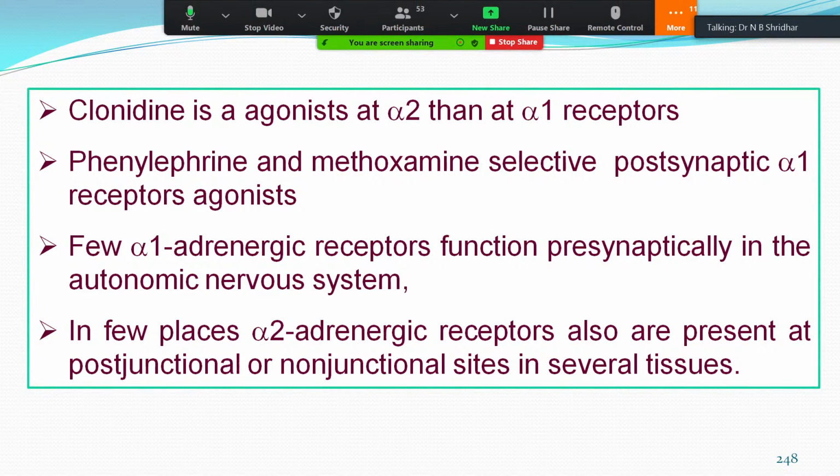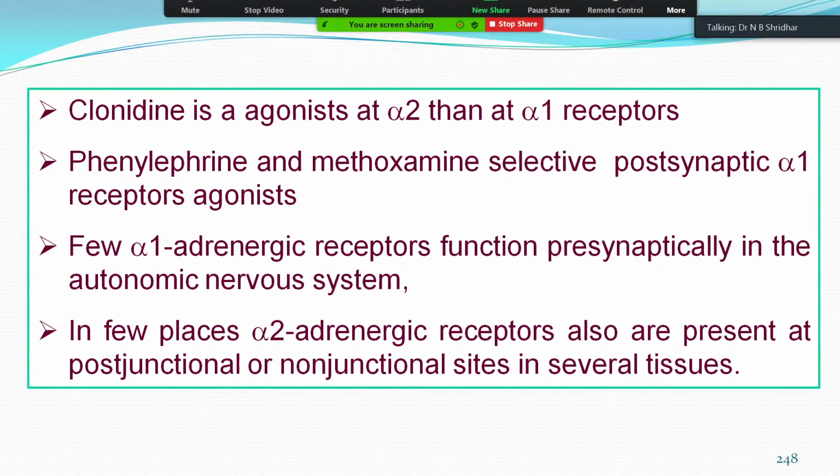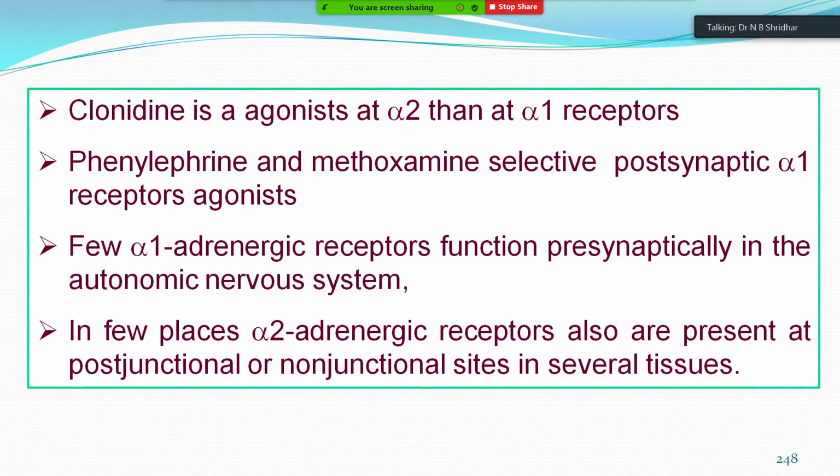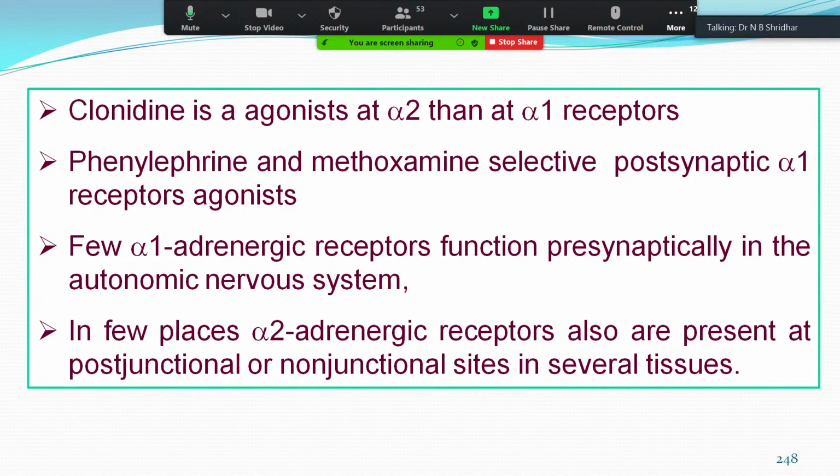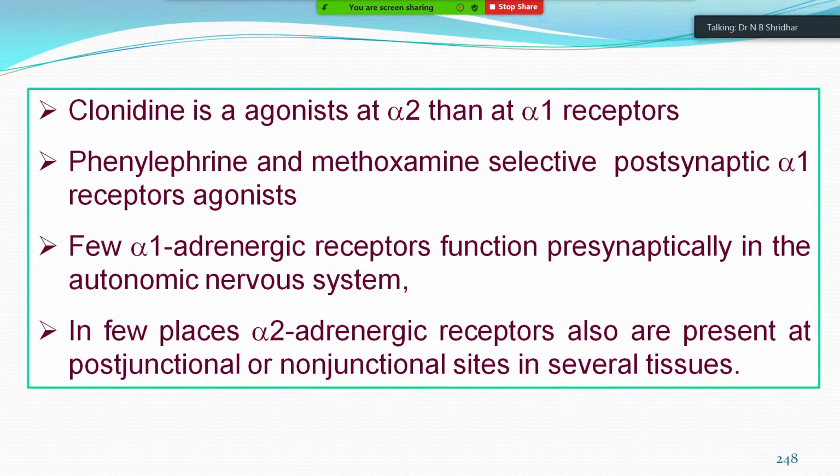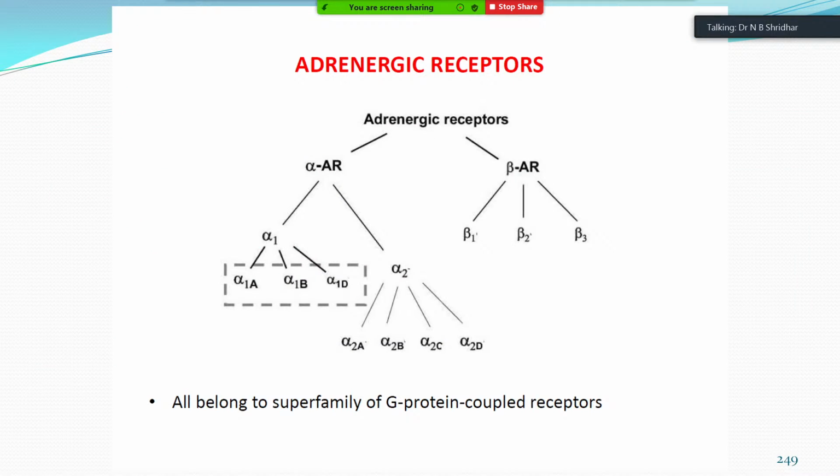So that doesn't mean that what we have made as a general statement, that most of the alpha 2 type of the receptors are pre-junctional, whereas most of the alpha 1 type of the receptors are post-junctional. This is a general statement; it doesn't strictly mean that all the alpha 2 adrenergic receptors should be presynaptic or prejunctional. So there are so many exceptions for the location of these receptors. It also applies to all types of the receptors, including beta 1, beta 2, beta 3 type of the receptors.